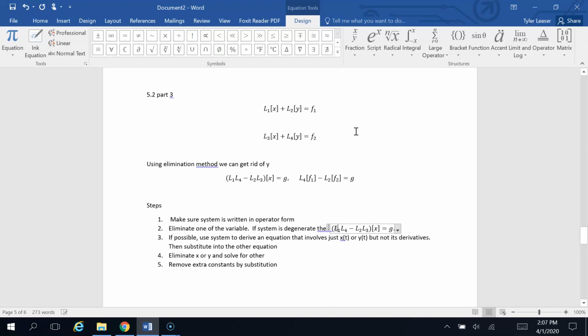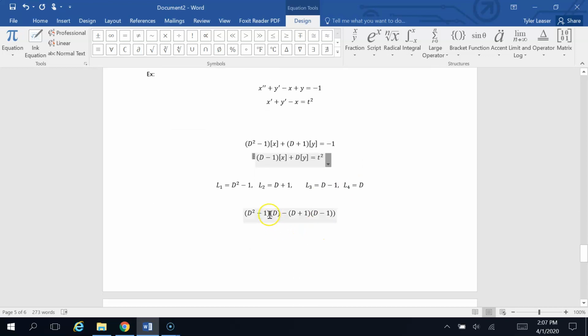I'm going to put all of these in their own parentheses, because remember, this is now its own new operator, and this is going to be acting on x itself, and I'm going to have that g on the other side, where g is going to be L4, d acting on the function -1, minus L2, which is d plus 1, acting on the function t squared.